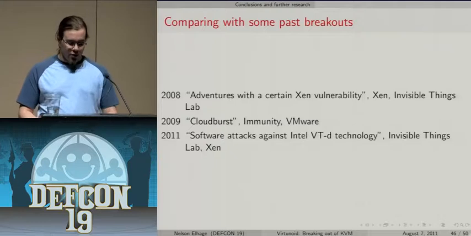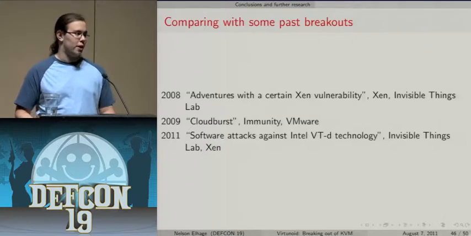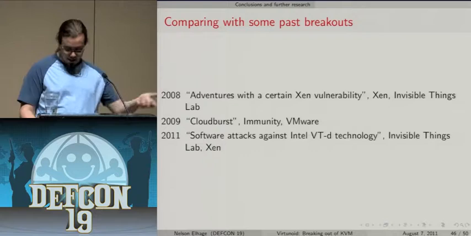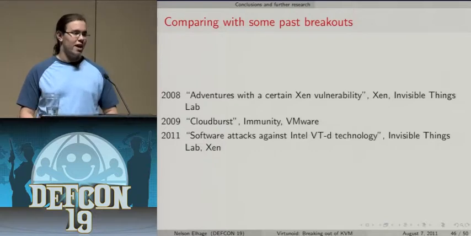Immunity at Black Hat 2009 presented Cloudburst, a breakout exploit for VMware. Again, missing bounds checking in the virtual SVGA device, get memory corruption, entirely the same techniques.